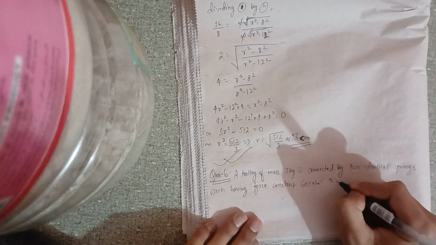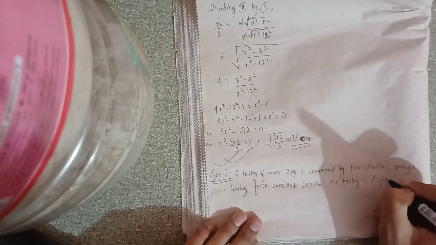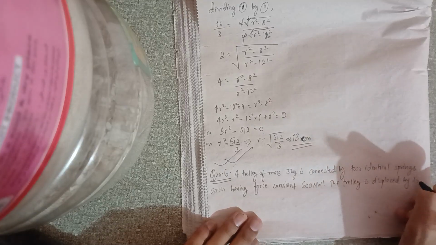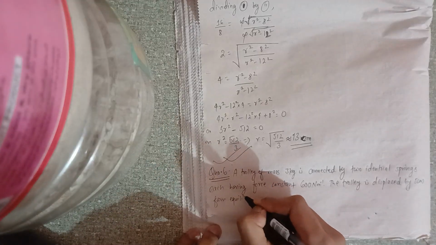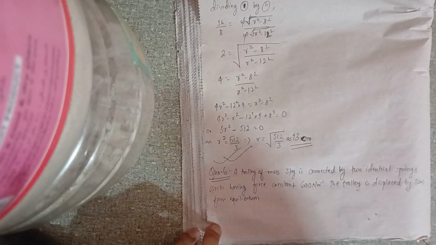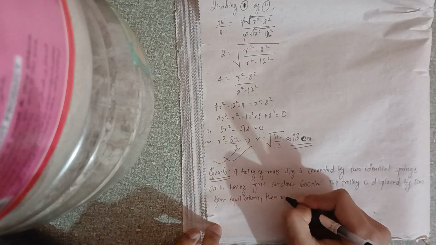The trolley is displaced by 5 centimeters from equilibrium and then released.